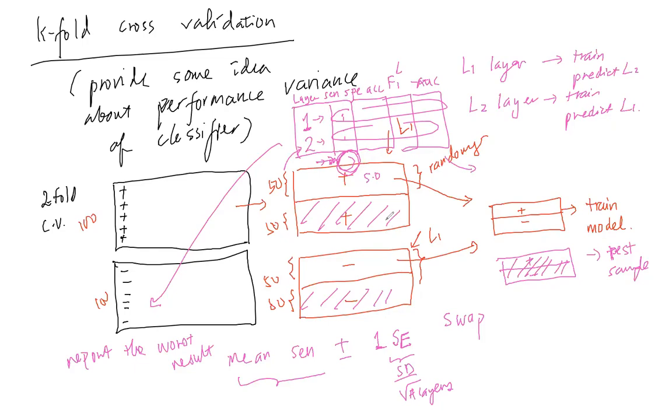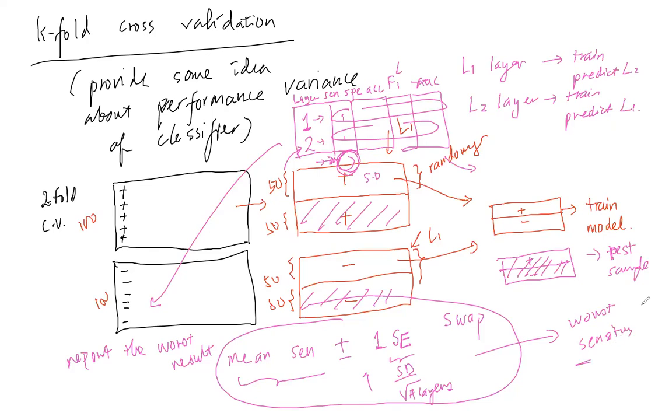Sometimes what people do is, since this is easily reported, they report this and they also report the worst, for example sensitivity, just to give people some idea about the lower bound performance of this method, which is important because it's important to know how bad your model can perform. Okay, some people like to play tricks.